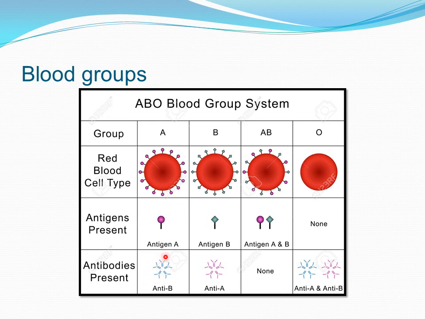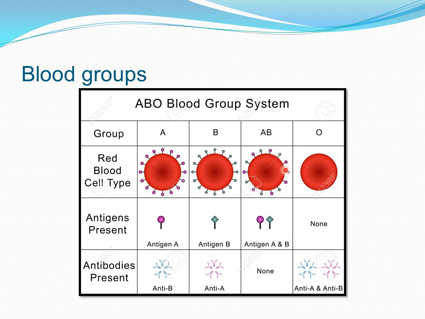It has antibody B. Let us come to blood group B, having antigen B all over its surface. This is the antigen B structure, and it has antibody A.